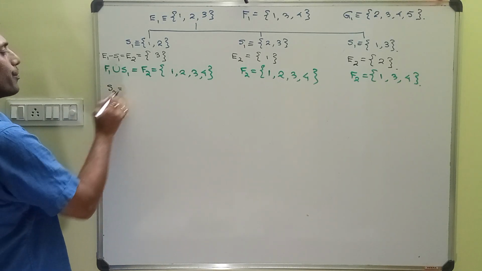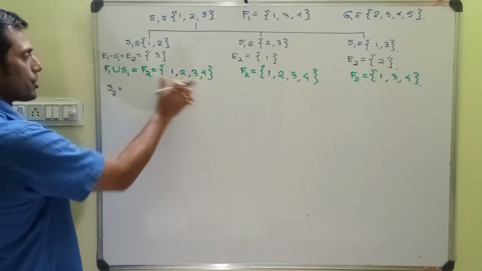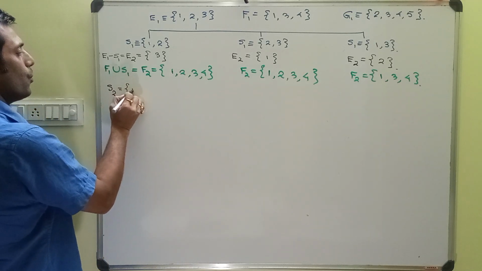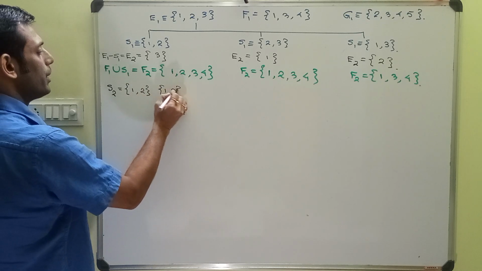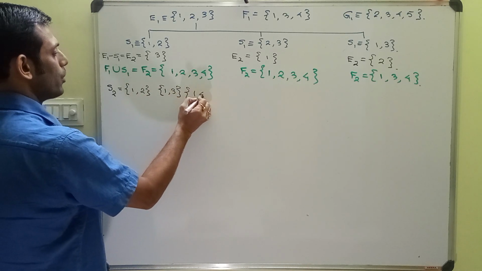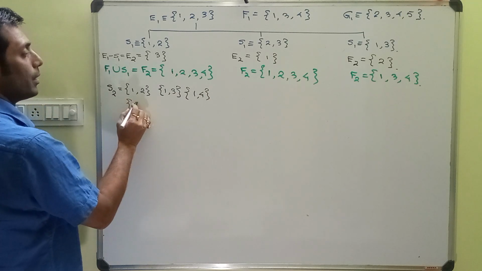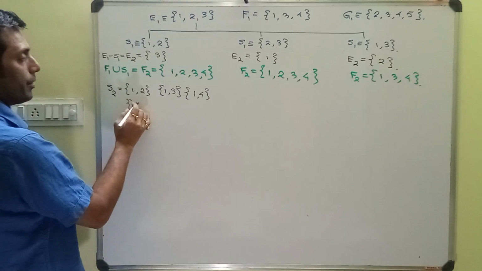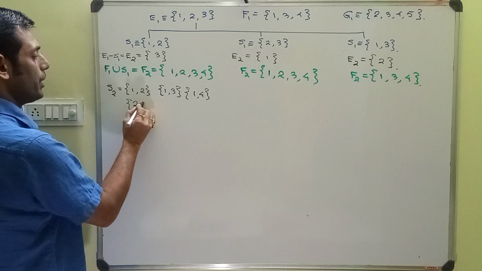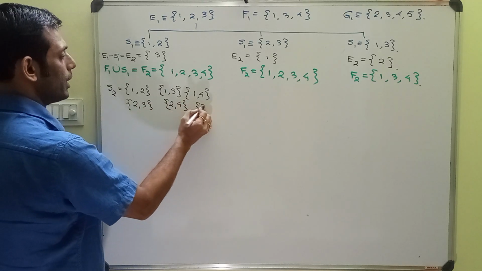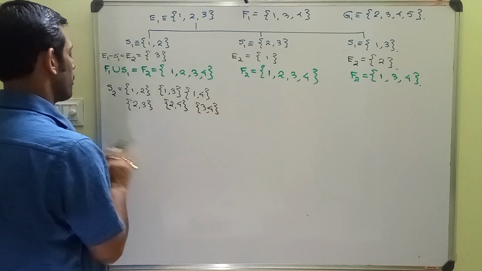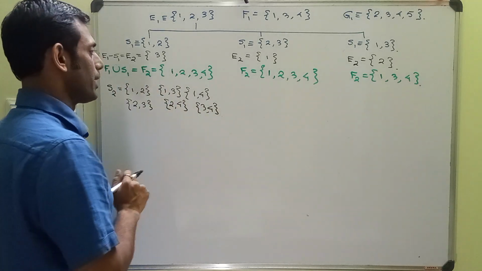S2 formation in this case can be 1, 2, 1, 3, 1, 4, 2, 3, 2, 4, and lastly 3, 4. Pairing of two elements taken at a time.